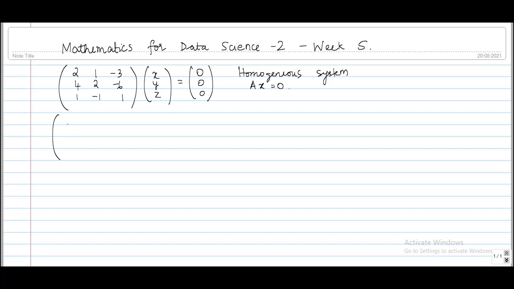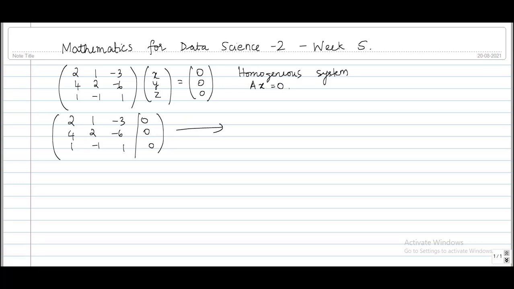So we will try to do the reduced row echelon form, RREF, and then find the solution. 2, 1, -3, 0; 4, 2, -6, 0; 1, -1, 1, 0. So this is the right hand vector. So what will we first do?